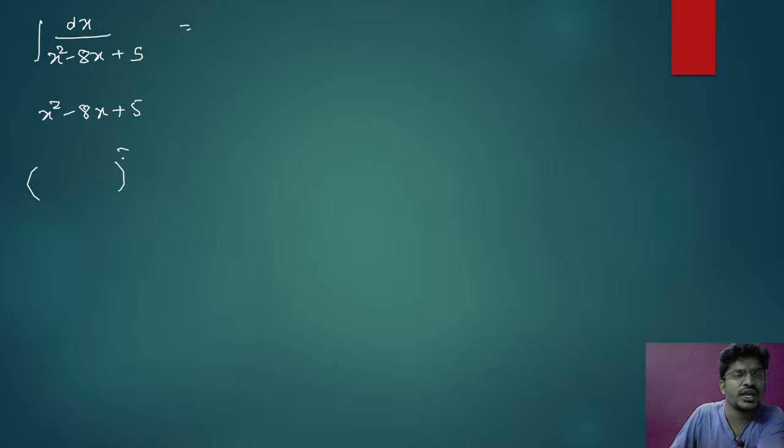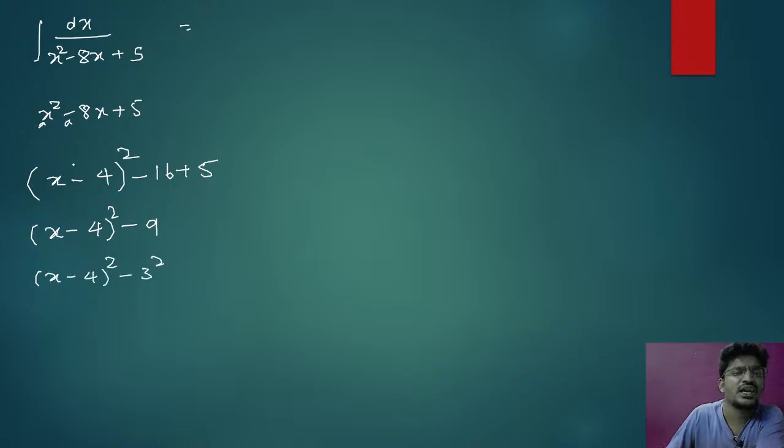Directly you can put bracket and put square. First term is x, write x. Next minus sign, write as it is. Coefficient of x has to be divided by 2, so that will be 4. So write negative sign. 4 square is 16, plus 5 is there, write it. So it will be (x minus 4) whole square minus 16 plus 5, which is minus 9. So therefore (x minus 4) whole square minus 3 square. I can write it here. Clear?